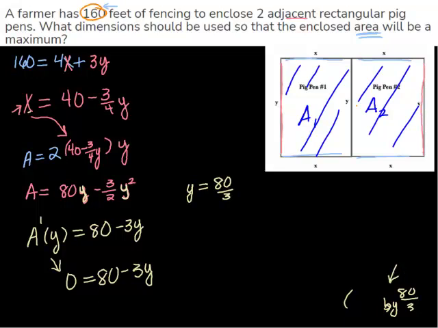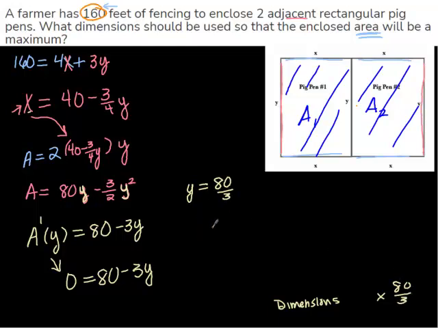You know what? Let's really clean this up. I'm going to set this thing up for a dimension. I'm going to say, okay, dimensions are something by 80 thirds. Now we have to figure out what the x value is.